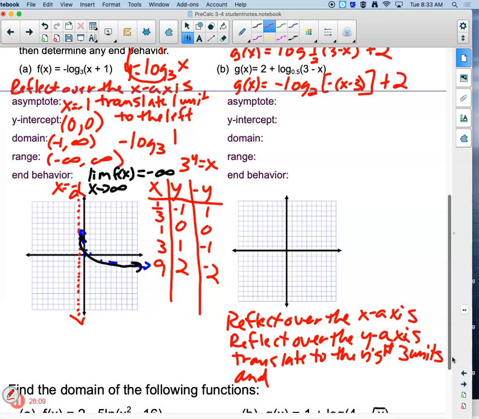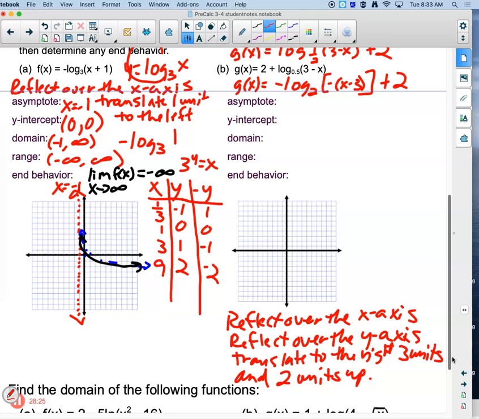And the plus 2 in the back would be 2 up. So 2 units up. So we're reflecting over the x-axis, reflecting over the y-axis, translating to the right 3 units, and 2 units up.